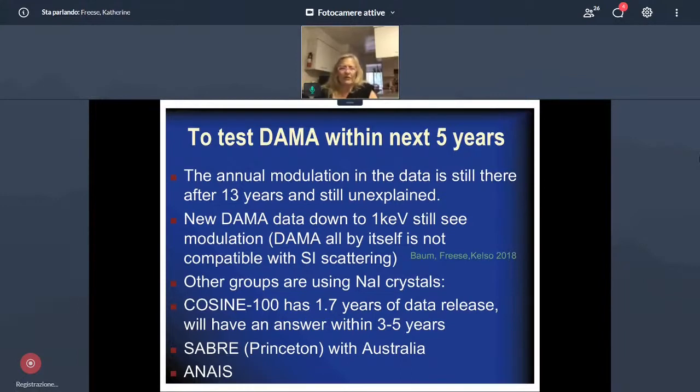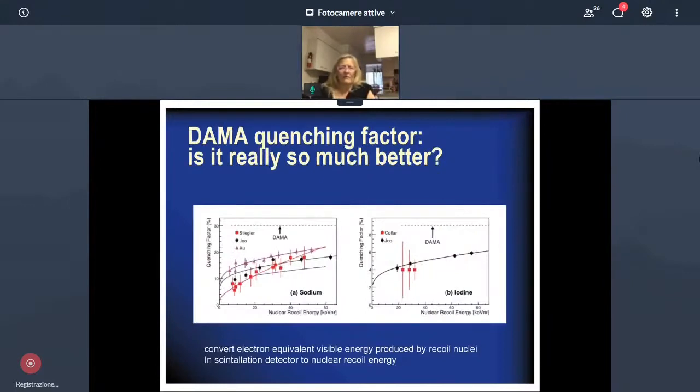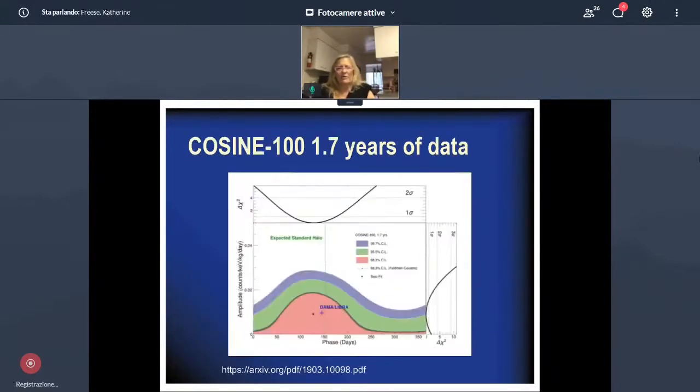So in the next 5 years, we'll have COSINE-100, SABRE, and ANAIS, also using sodium iodide crystals. The most active experiment in this regard is COSINE-100, which already had shown this plot in 2019.